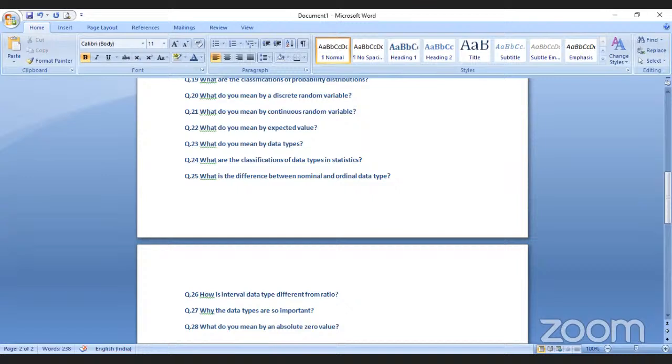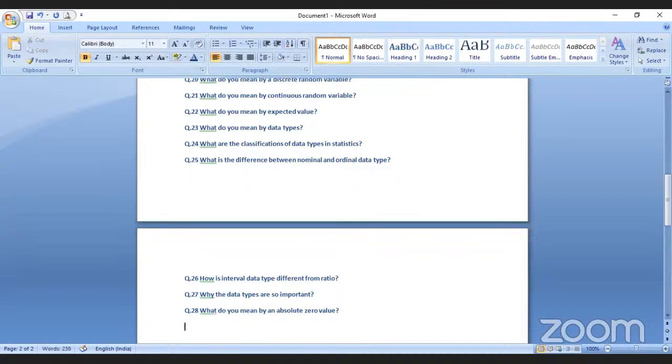One such example is when we say 0 Celsius temperature, but that doesn't mean that there is no temperature at all. But when we are talking about the distance covered by a person, there we can say that the person didn't cover any distance.